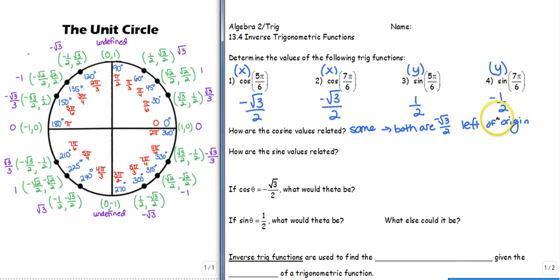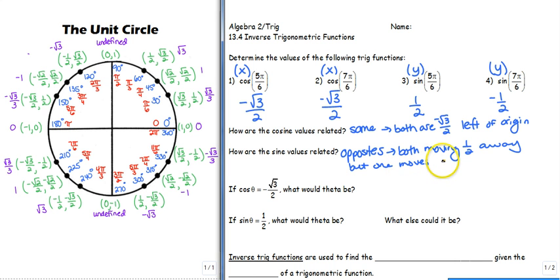When we look at the two sine values, they are opposites of each other. So that means that they both are moving 1/2 away, but one moves up and one moves down. Sine is the y value, so positive means that it's moving up and negative means that it's moving down.